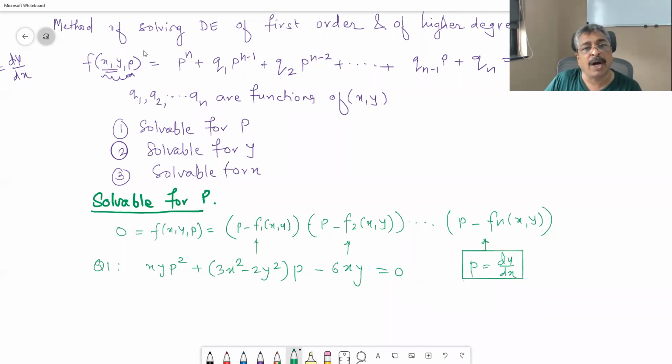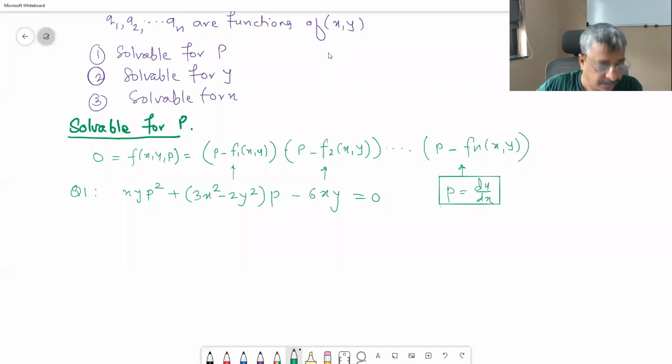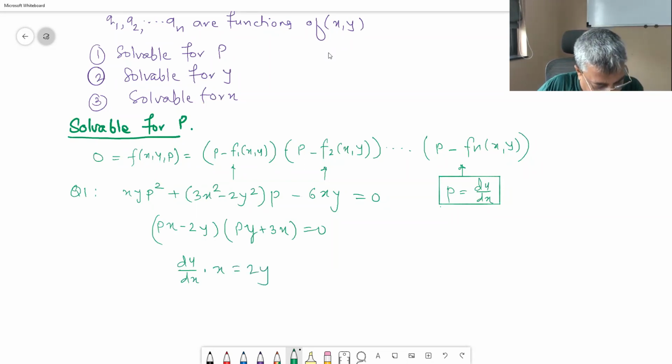Solvable for p. Yes. (px minus 2y) into (py plus 3x) is equal to 0. So you have dy by dx into x is equal to 2y, or dy by dx into y plus 3x is equal to 0.